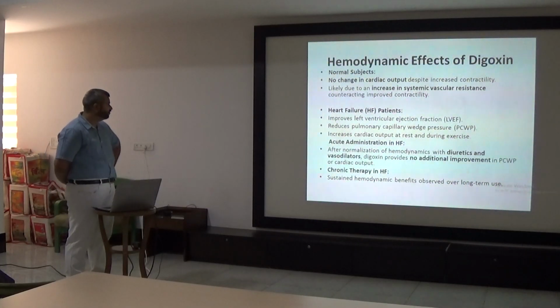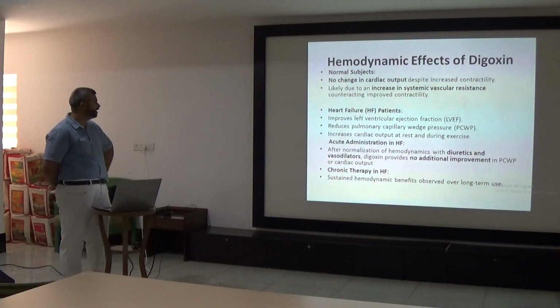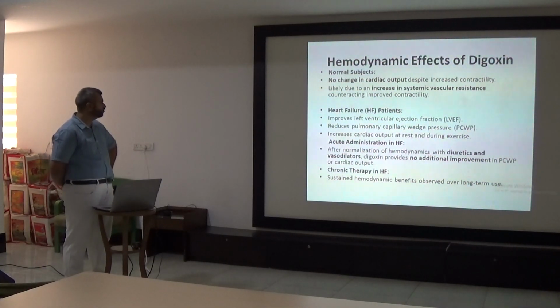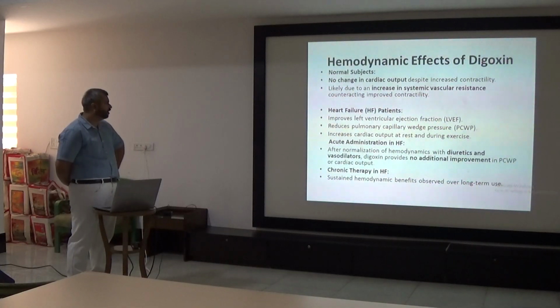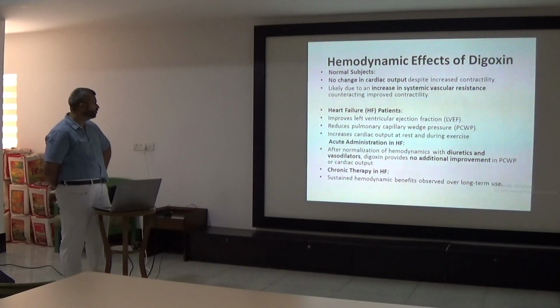And the hemodynamic effect in a person with a normal heart with no left ventricular dysfunction, usually, despite increasing the cardiac contractility, it does not increase the cardiac output, and the effect is mostly due to the increase in the systemic vascular resistance. In the patient with heart failure, it improves LVEF, reduces pulmonary capillary wedge pressure.